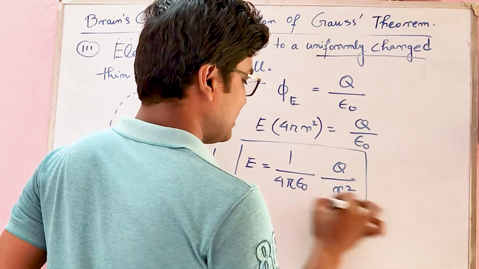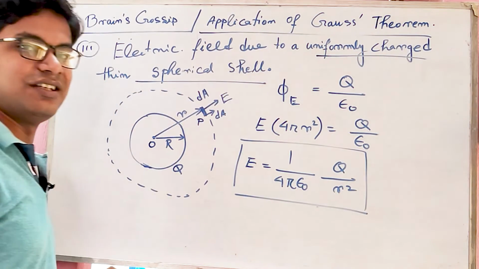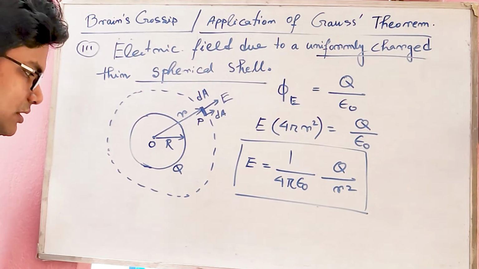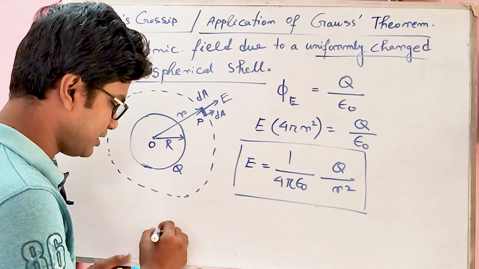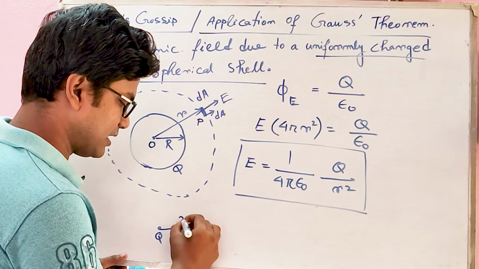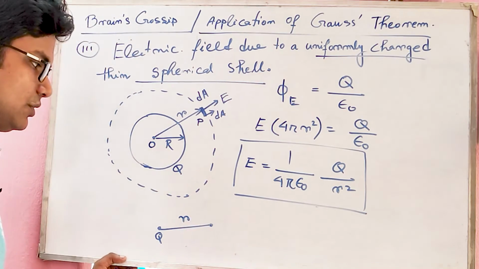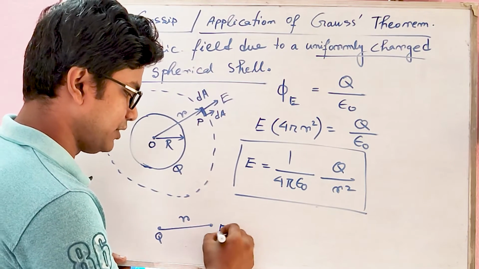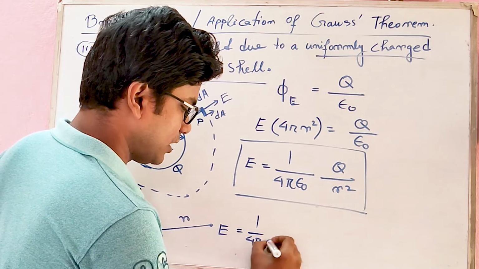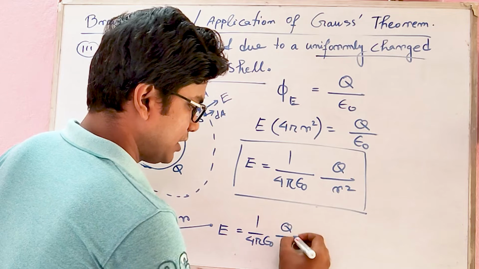This expression is quite interesting, because now let's apply Coulomb's law and consider a point charge Q, and we want to find the electric field at a distance r. Here also the electric field at distance r will be 1 by 4 pi epsilon naught Q by r square.